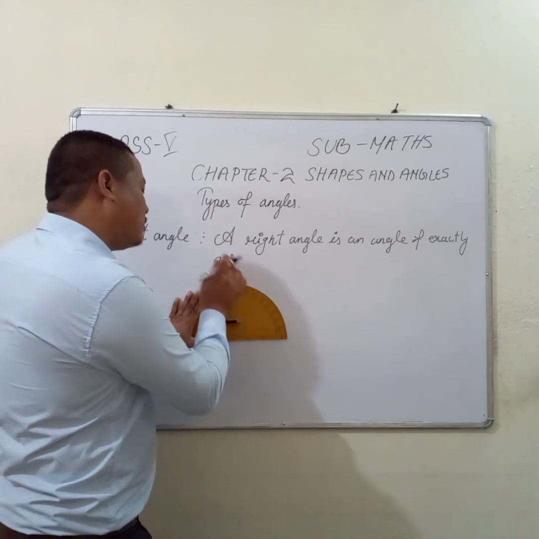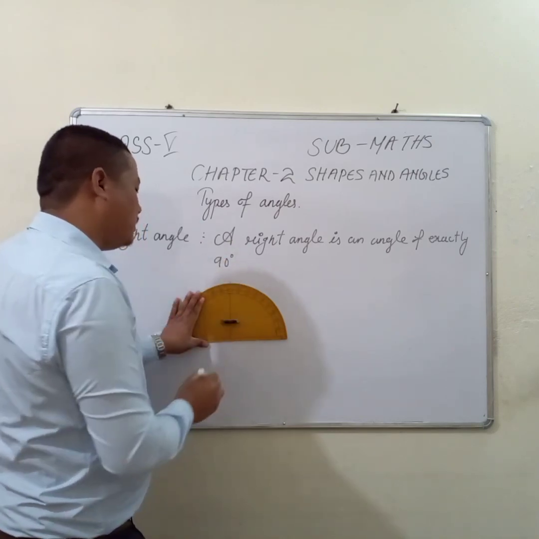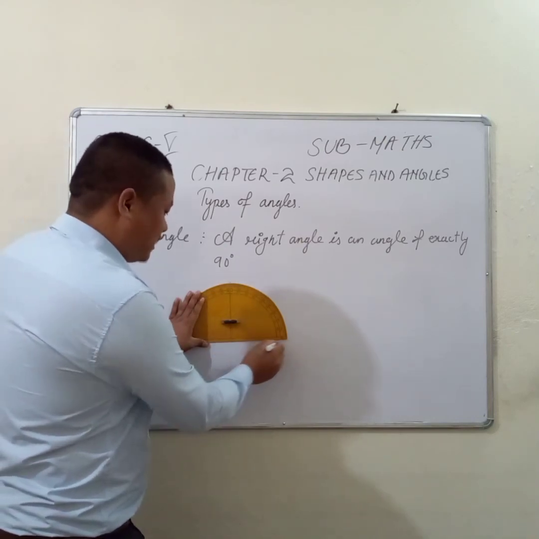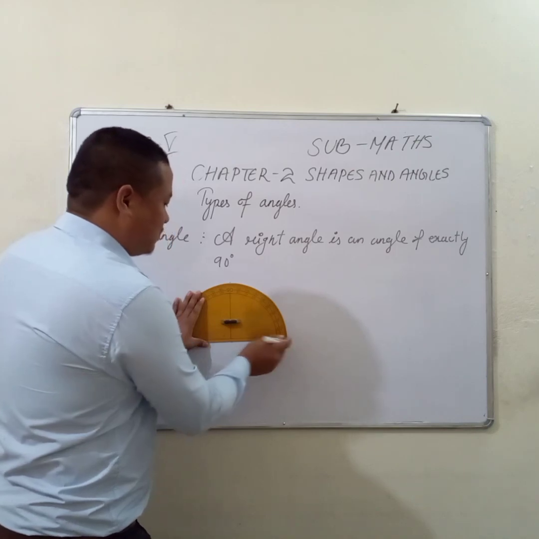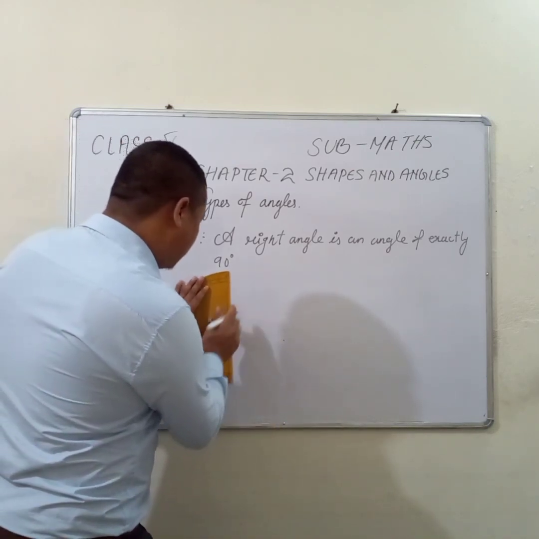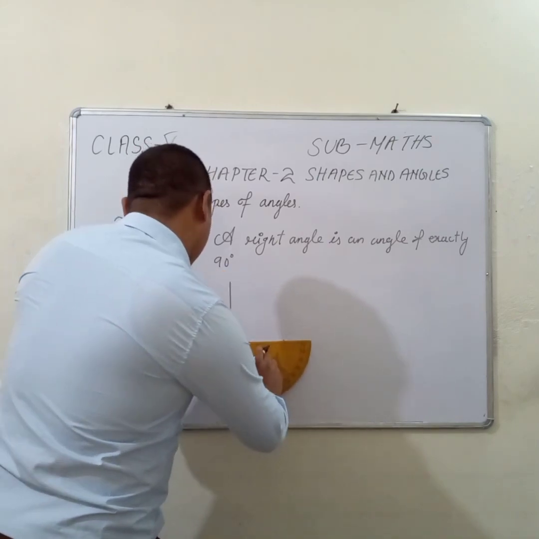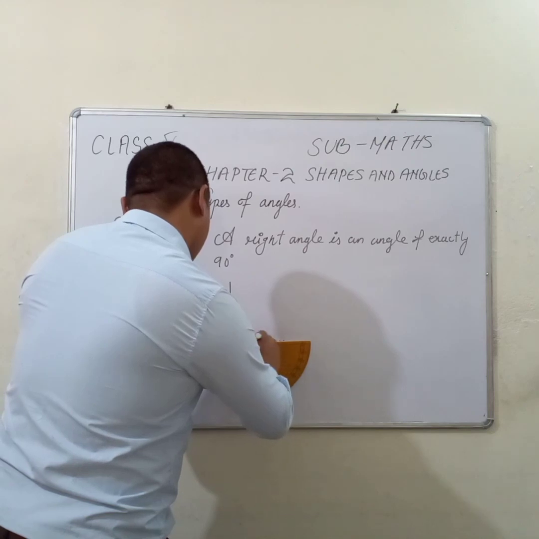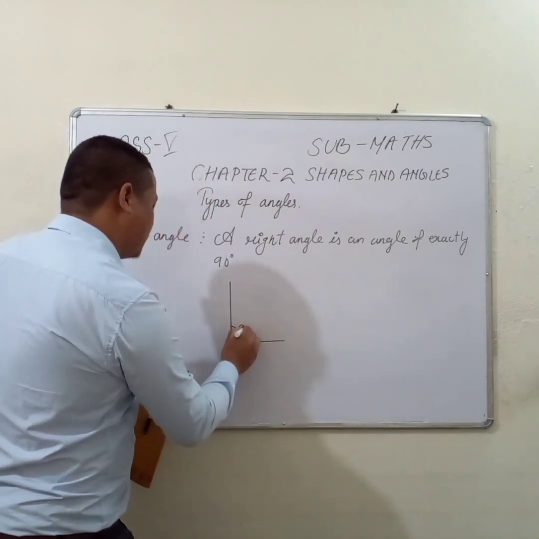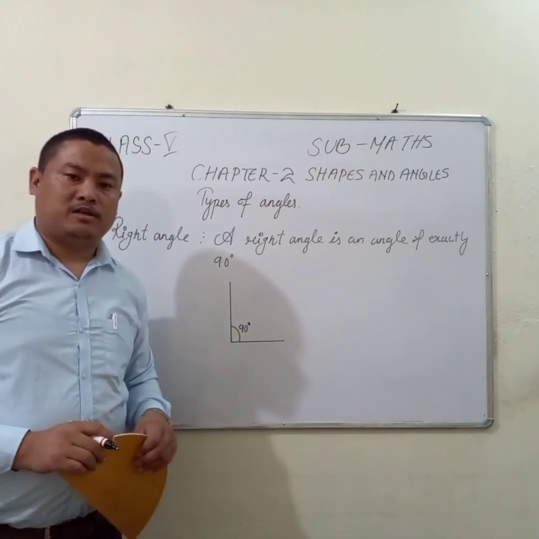So we have to draw 90 degree. Just make a point exactly on 90 degree and center one more point, and this side one more point. Now just join these dots. This is an angle of 90 degree, which we call right angle.